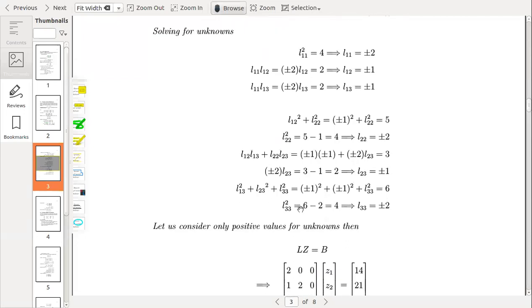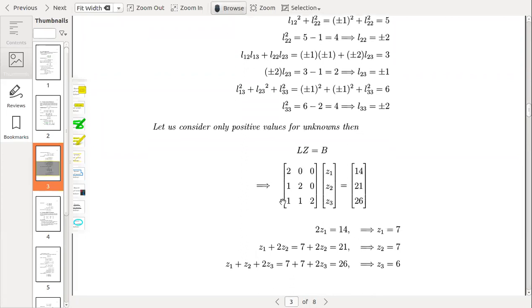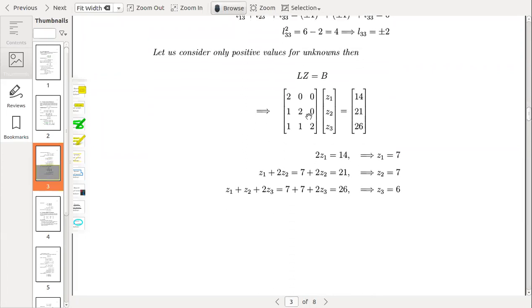If we solve these equations as we have solved in the previous question, we will get the lower triangular matrix 2, 1, 1, 2, 1, 2. And then we make the system of equations Lz is equal to B, with z as Z1, Z2, Z3, because the given matrix A is of order 3.